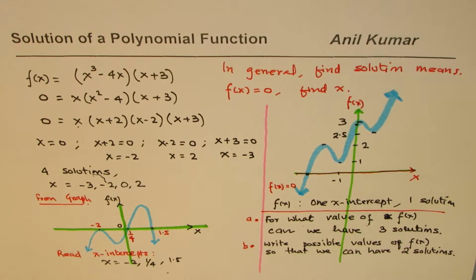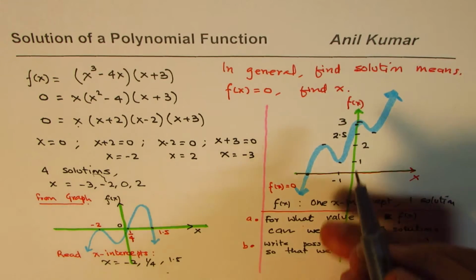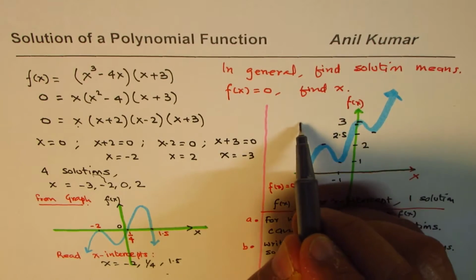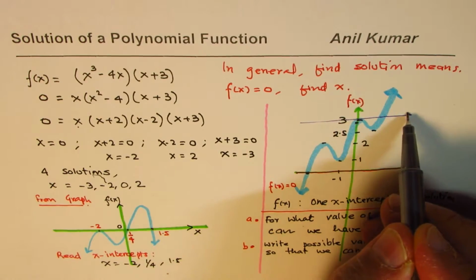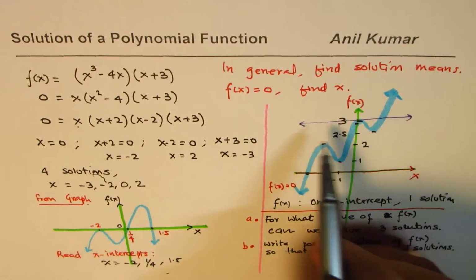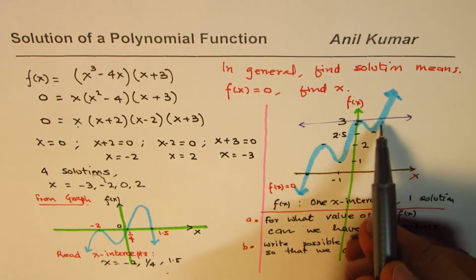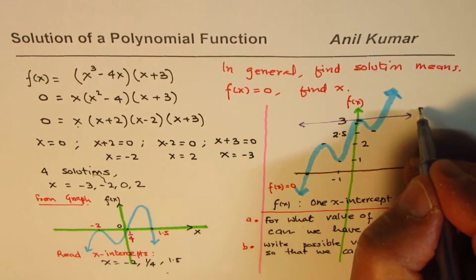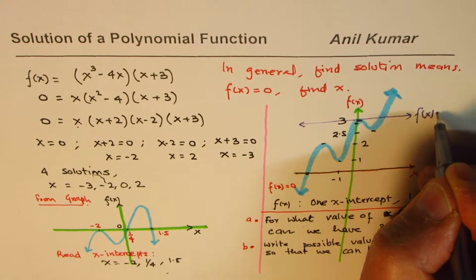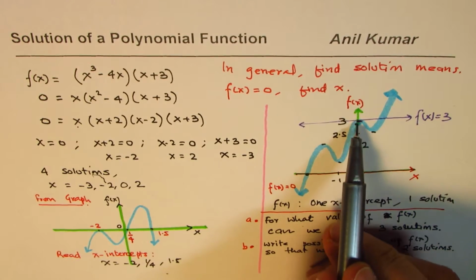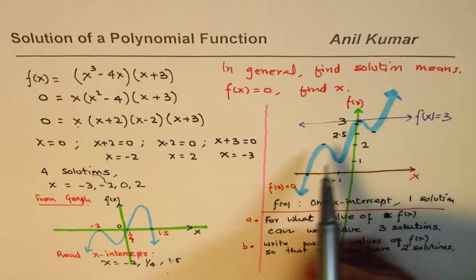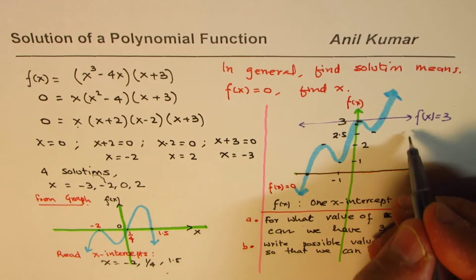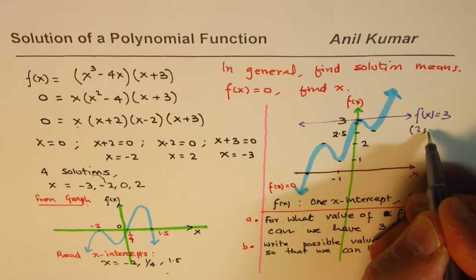Okay, let's understand the concept. Now, if I draw a horizontal line kind of like this, the horizontal line intersects the graph at 2 points. Do you see that? So for f of x equals 3, we'll have two solutions. That gives you two solutions.